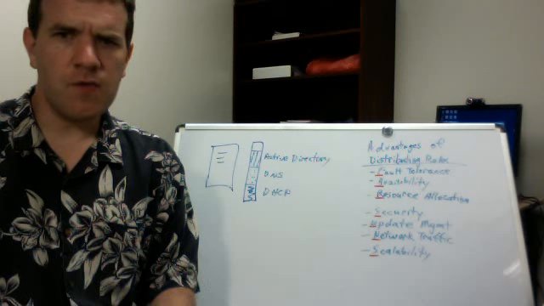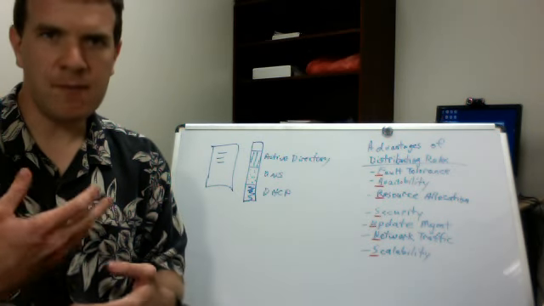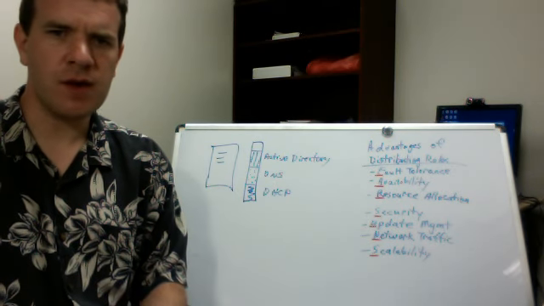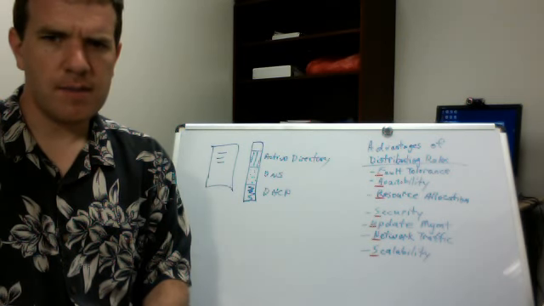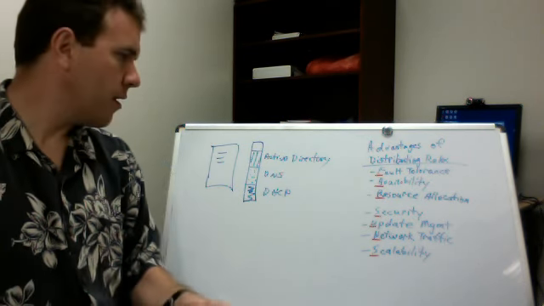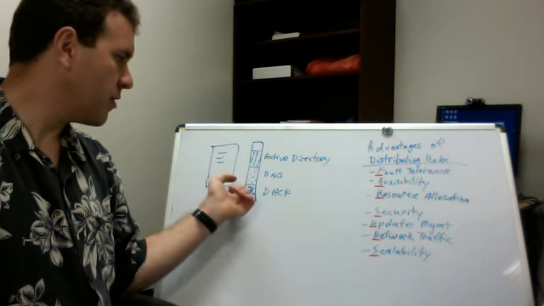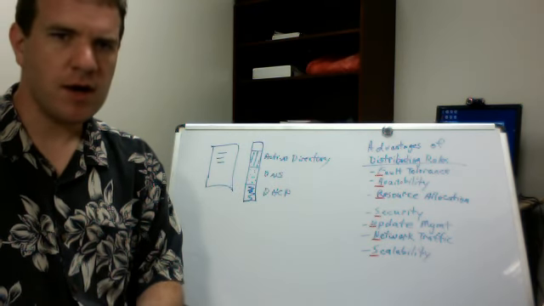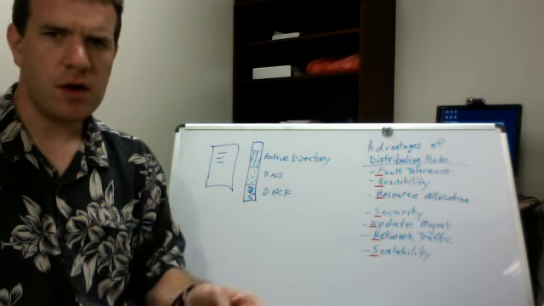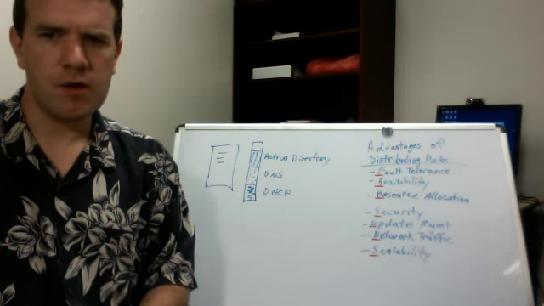Okay? And lastly, we have scalability. So if we have peaks in demand for certain resources and we need to allocate more resources as needed, if we've got a single machine that has all of the roles or multiple roles on it, it's difficult to distribute the services that way.